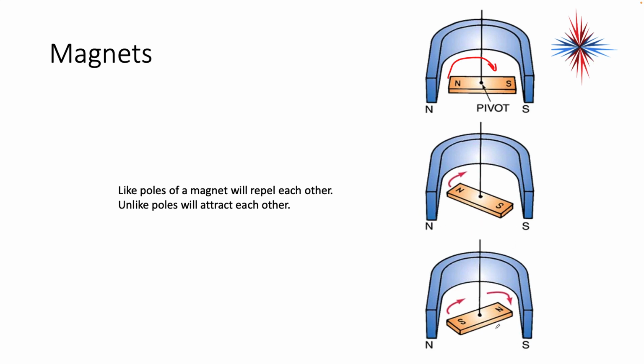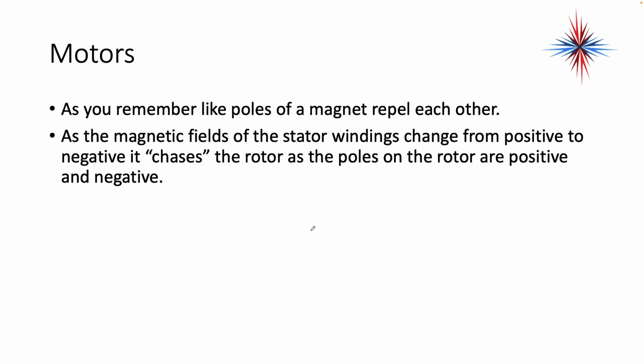And it's going to try to always get to the point where north and south are together, because unlike poles attract each other. Well, you might ask, why does the motor keep rotating? Bottom line is, with alternating current in a coil, we alternate the poles.